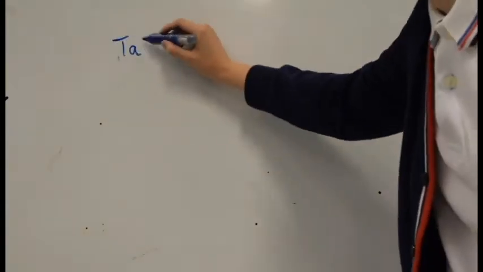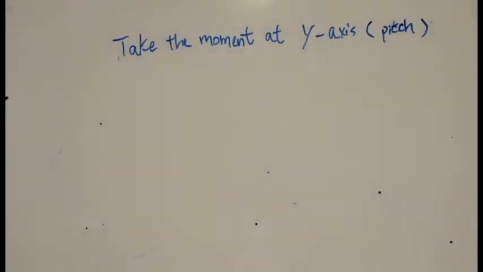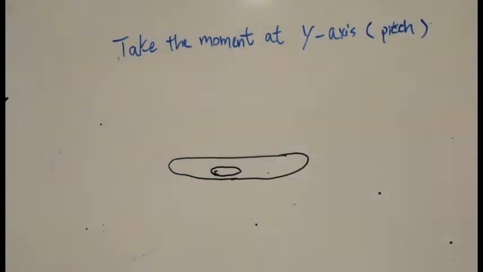Let's assume an example to see how the tail helps balance the aircraft in terms of pitching moment. Assume there is an aircraft without a tail part, and it is in straight and level steady flight, flying towards left. Again, the CG is assumed in a position behind the wing.